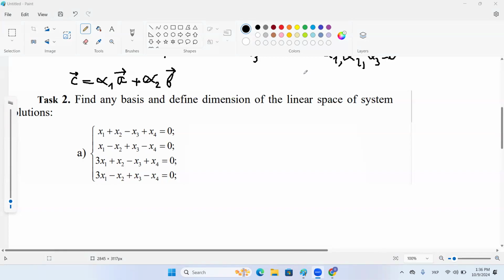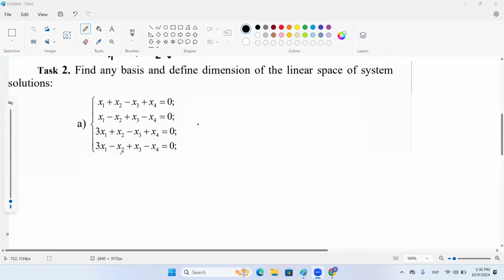We need to solve this system of linear equations, and the basis will be a set of linearly independent solutions. So we need to find a general solution and then some partial ones. Actually, the idea is to find a fundamental system.